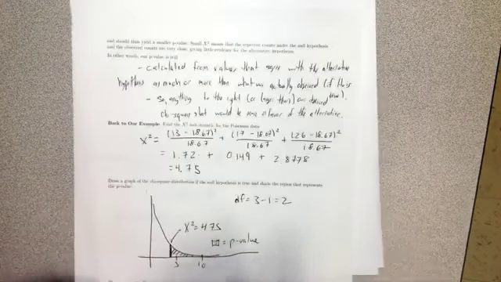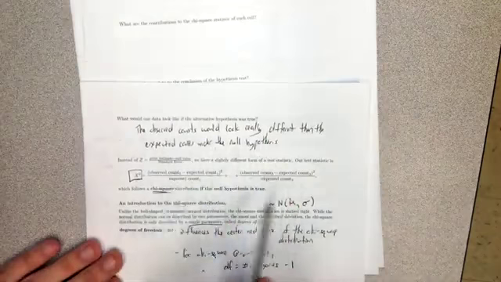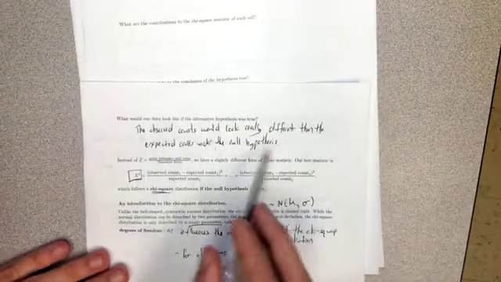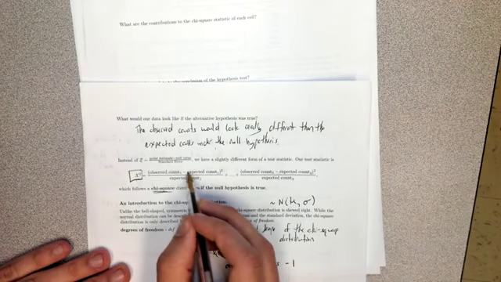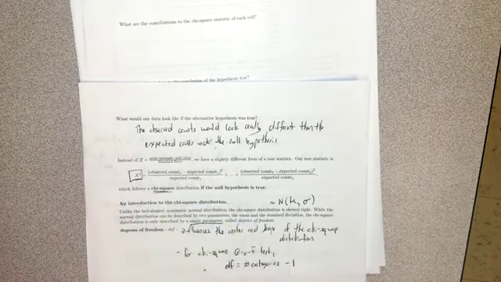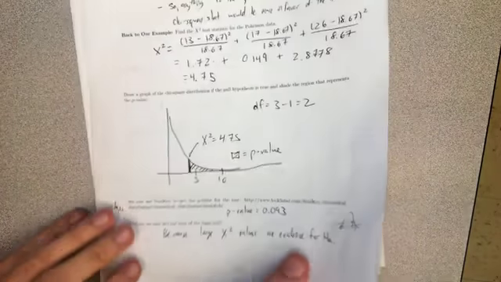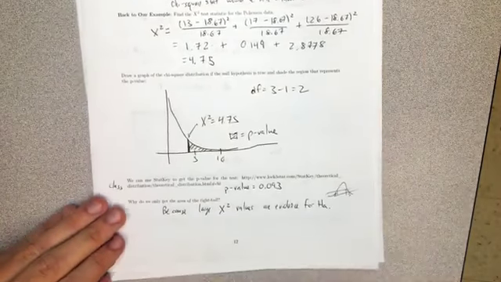But now, since we reasoned on the previous page that the observed counts would only look really different than the expected counts if the alternative hypothesis were true, that would mean that the chi-square would be large, and so only large chi-square would be evidence of our alternative hypothesis.